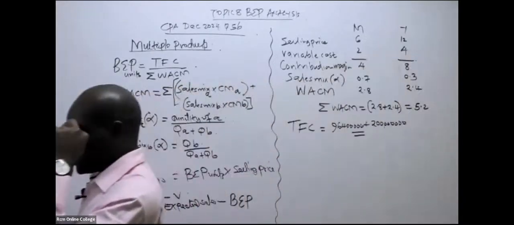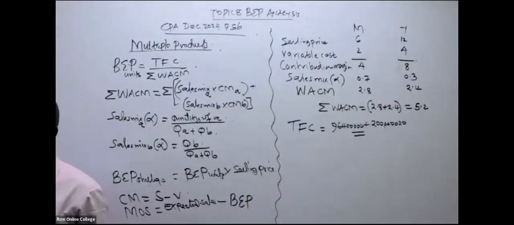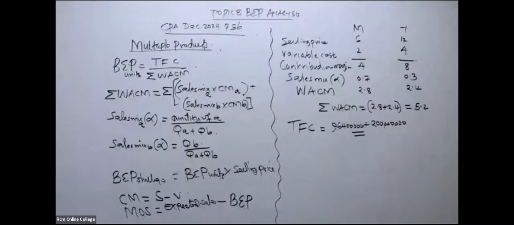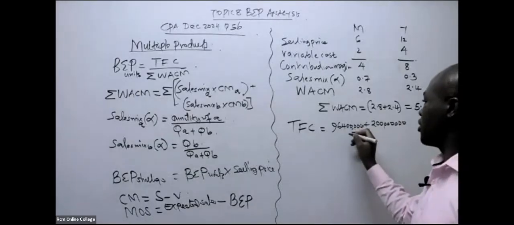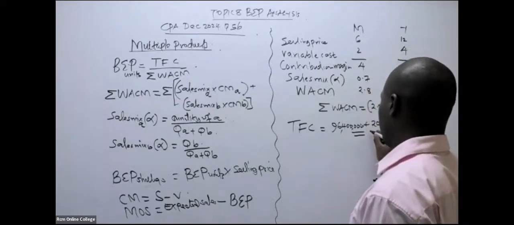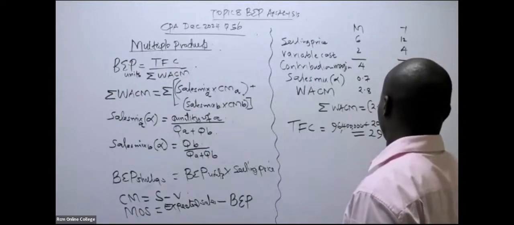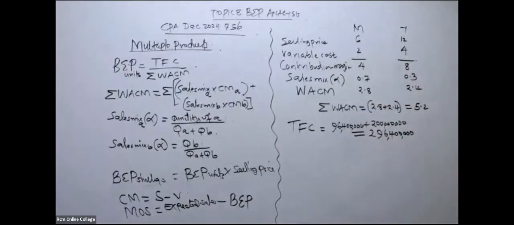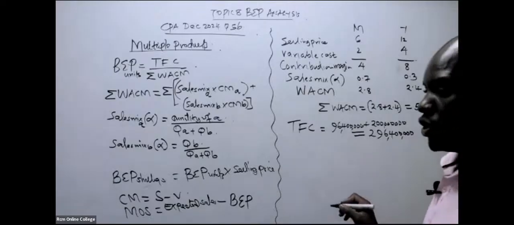What is your total fixed cost? 296,400,000. Good.